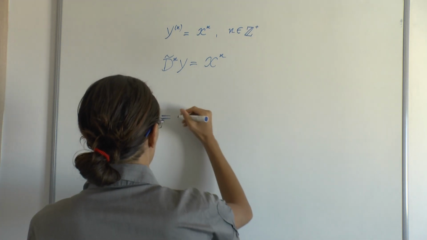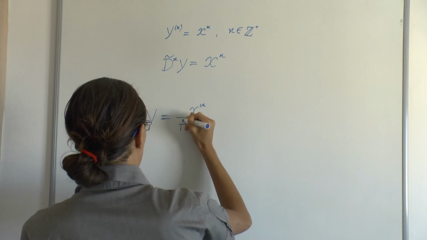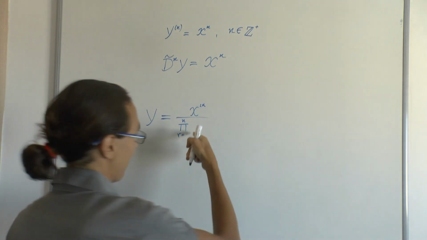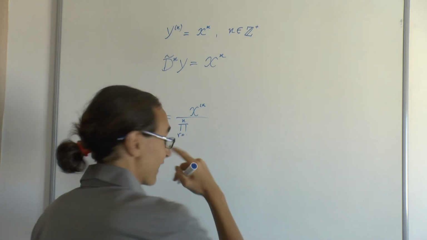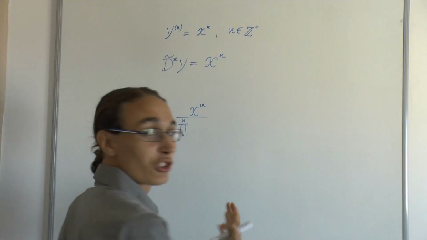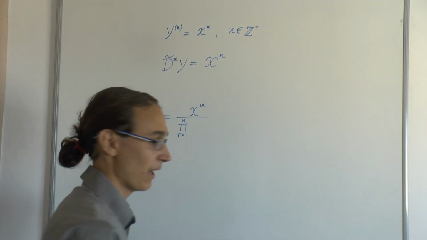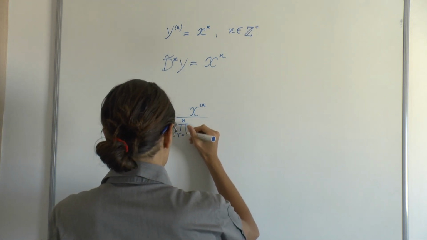So, x to the n over this. This is probably my favorite part in this entire exercise, finding this term, because it essentially is a rising factorial, or at least what's known as a rising factorial. I learned about them just yesterday actually, so it's cool.